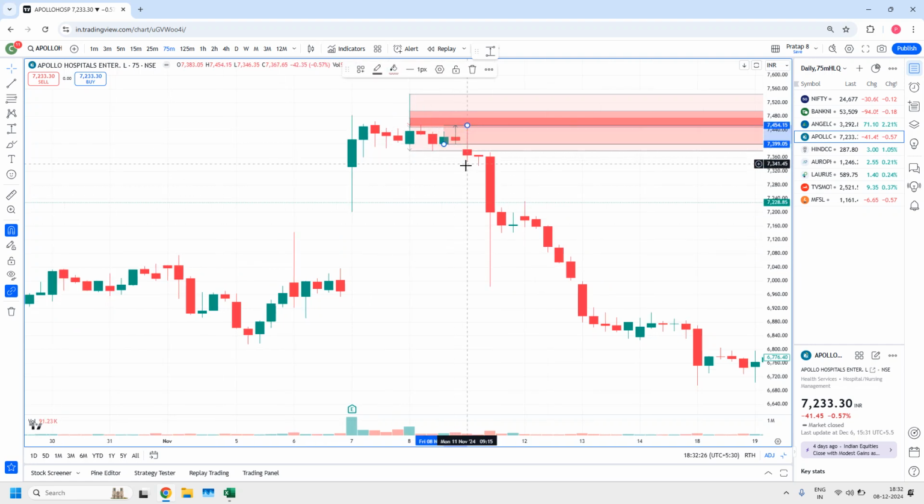See, you should observe properly. This failed ERC candle is completely coming out of the zone. Based on the dynamic view, I am considering this as a leg out, and this as a drop candle: drop, 2 base candles and drop. That way I have drawn this. Drop, base, drop.